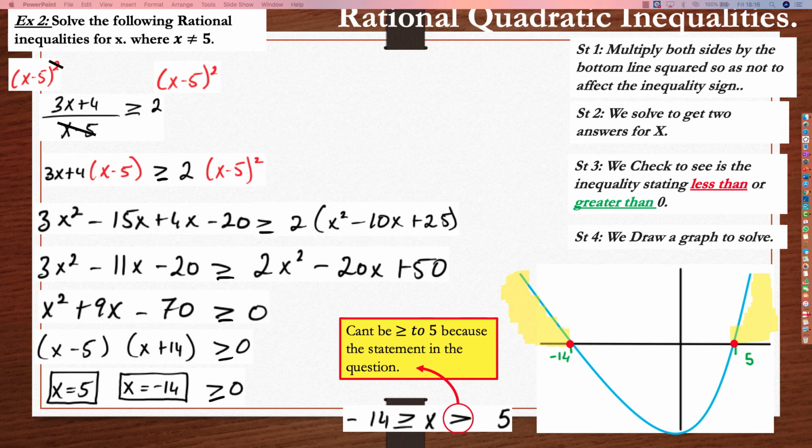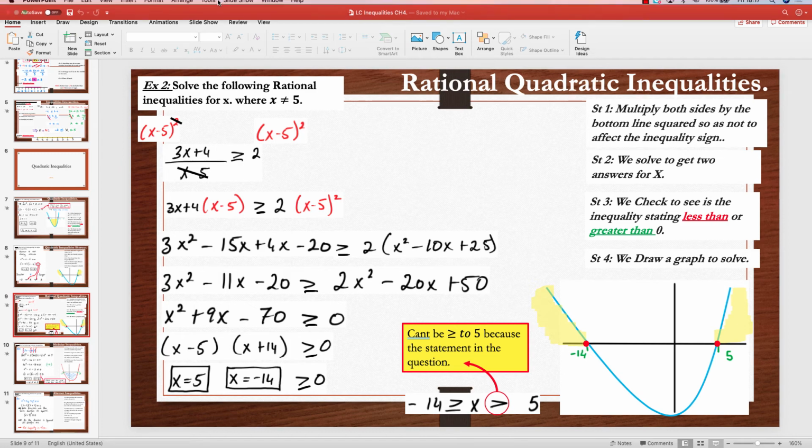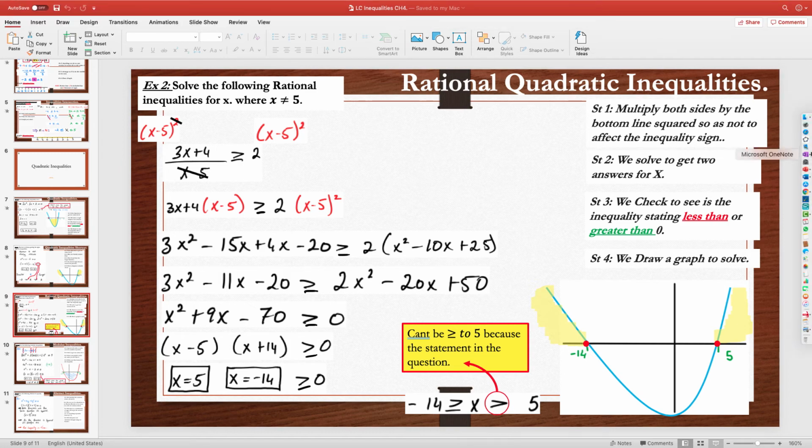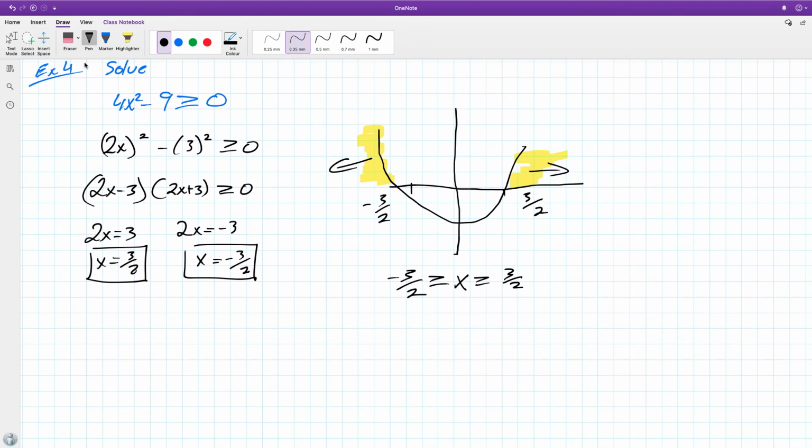Solve that. Sorry? Yeah, x plus 2 on the top left, x plus 2 on the top right. Exactly.